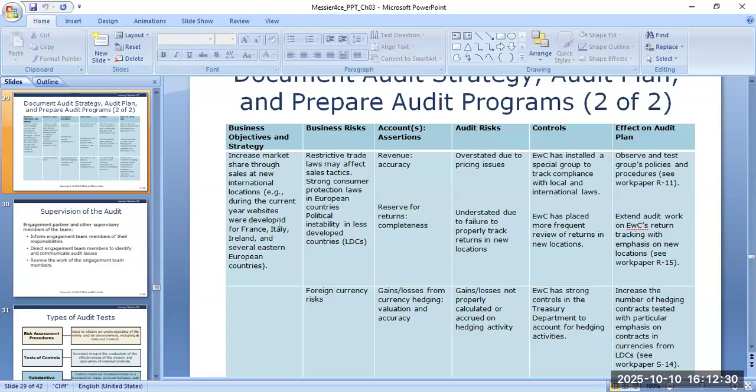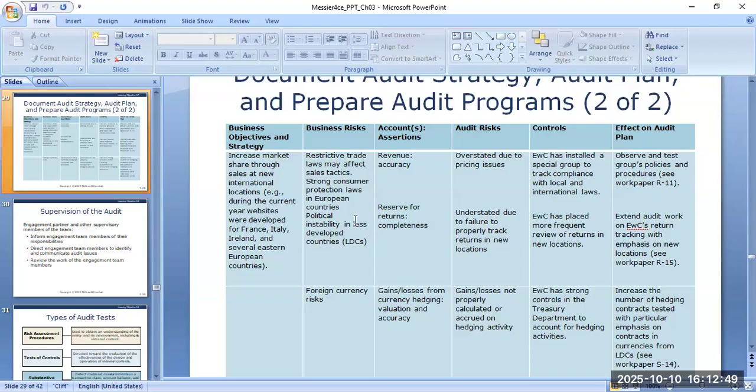During the current year, websites were developed for France, Italy, Ireland, and several Eastern European countries. Okay, how is this going to affect the business risk? Restrictive trade laws may affect the sales tactics.